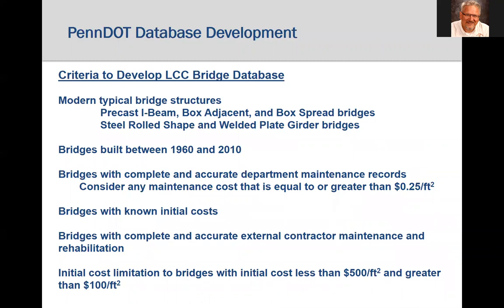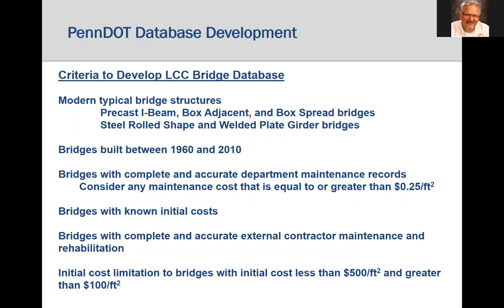The study's objective was to compare life cycle costs of typical concrete and steel bridges. So there were criteria that each bridge had to meet to be included in the study. The criteria included considering only typical steel and concrete bridges, defined as precast I-beam, precast box where the boxes were adjacent to each other, precast boxes where the boxes were spaced apart from each other with a concrete deck slab, steel rolled beam bridges, and steel plate girder bridges.